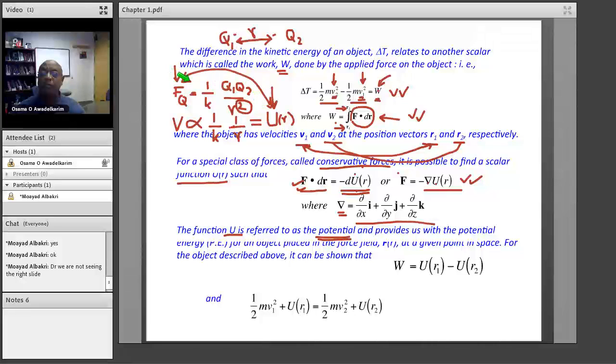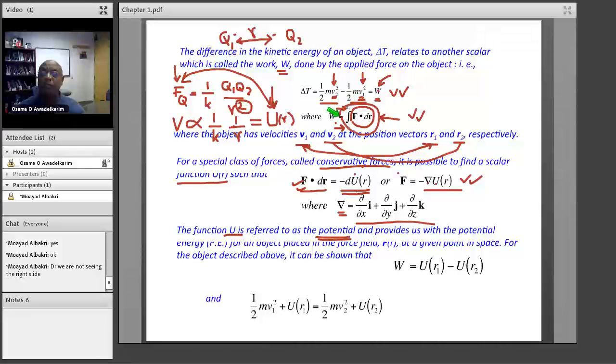And also, there are all other types of forces like gravitational force, the force of attraction due to gravity, and there is a scalar potential associated with that force. Okay? So now, if this is the case, this integral becomes very simple.